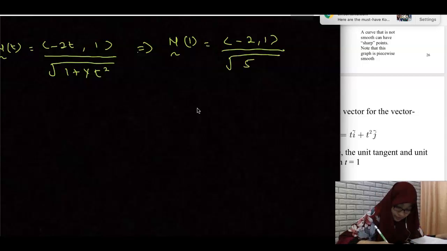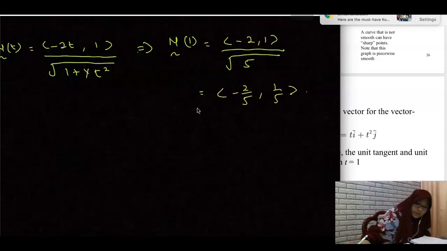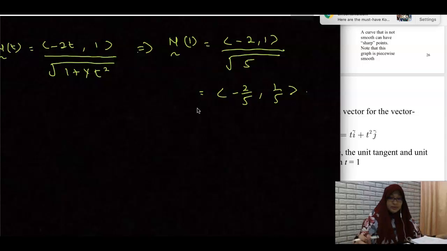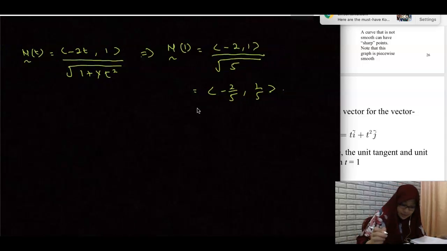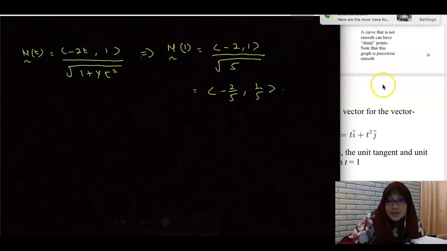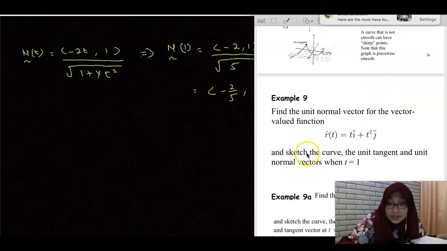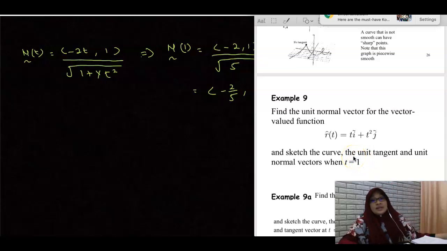Or you can have minus 2 over the square root of 5, 1 over the square root of 5. So what we have so far, because you have to sketch. What is the thing that they ask you to sketch? Sketch the curve. You have to sketch the curve here, the unit tangent, and the unit normal. So it looks like the question is asking for sketching the curve.